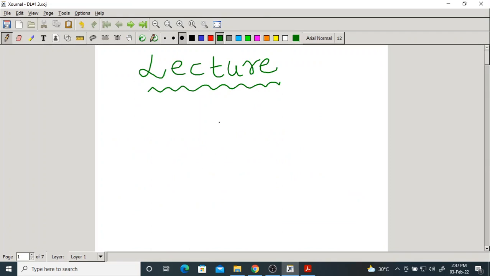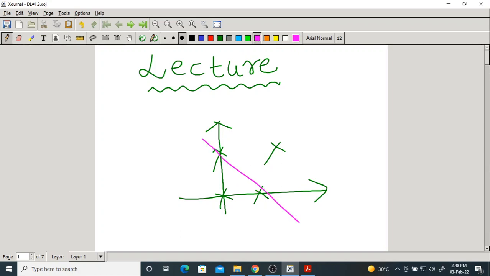We can draw a line or a surface which can separate a set of inputs which give output as 0 or 1, something like this. We have taken 4 Boolean points, and if I draw a line something like this, this line separates the inputs which produce output 1, these 3, and this input which produces output 0.